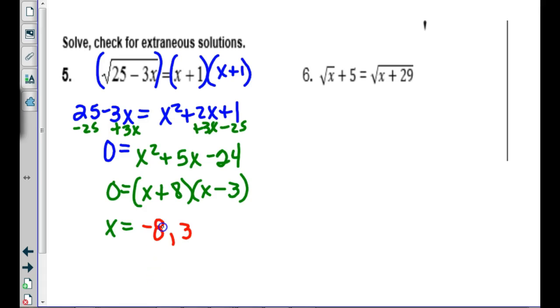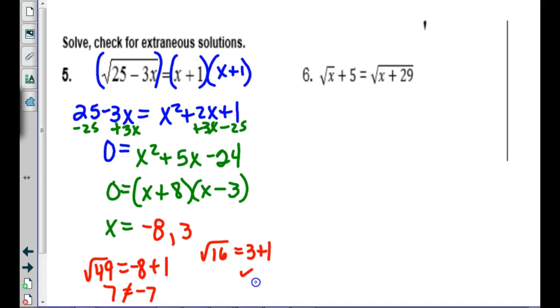Okay. If I put a -8 in, this will become square root of 49 equals -8 plus 1. Whoops, plus 1. Is that true? Why not? Yep. Okay. If I put a 3 in, I get square root of 16 equals 3 plus 1. That works, right?